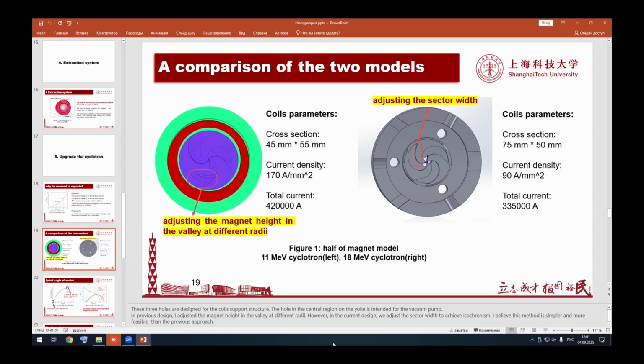And the level of the mean magnetic field is the same in both models, yes? No, not the same. Is it smaller for 18 MeV? Because I'm thinking about Lorentz dissociation. You said that you need to look at it more carefully, yes?